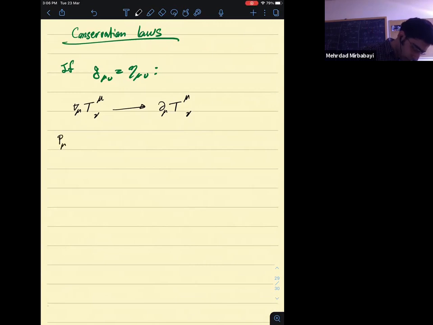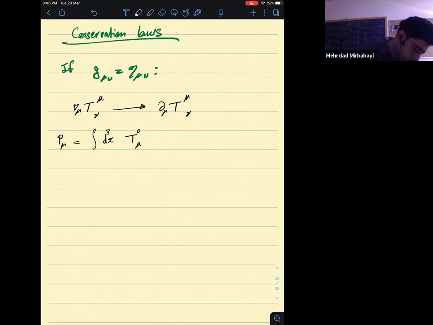P mu as the integral over, so now we are in Minkowski, or we are assuming that we are in Minkowski, so we can take a spatial slice and integrate the zeroth component of this energy momentum tensor over a spatial slice, and that gives us a conserved quantity.